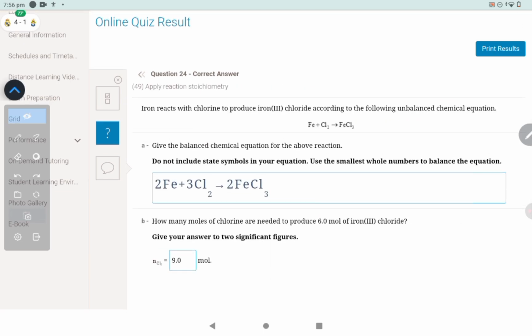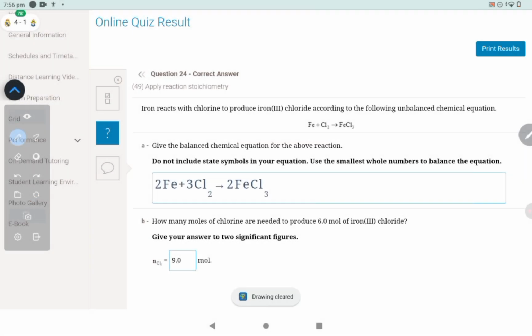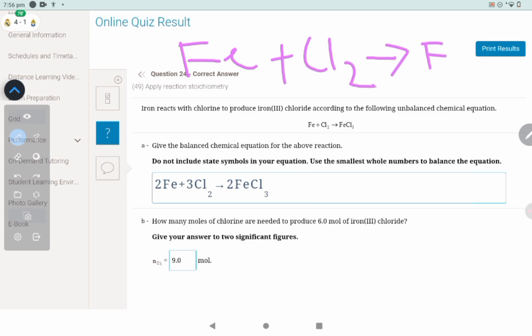Get the balanced chemical equation for the above reaction. We have to balance again. So here, Fe plus Cl2 gives FeCl3. Fe on this side is just 1. Cl is 2.